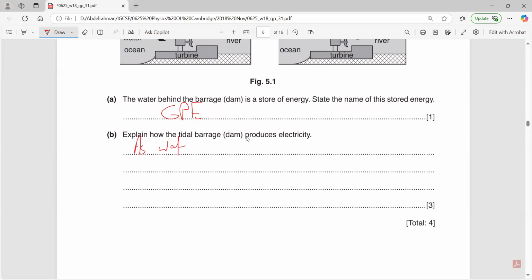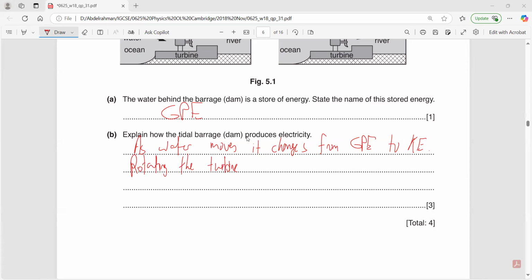As water moves, it changes from gravitational potential energy to kinetic energy. Thus, it starts to rotate the turbine, which is attached to the generator. The turbine has to be attached to a generator. The generator wouldn't produce any electricity unless it rotates due to a turbine.